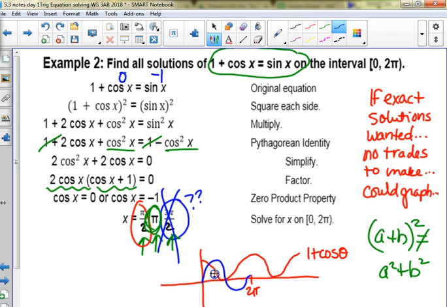Because the other thing is what I did, guys, what I did was I thought about this left-hand side as a cosine graph shifted up 1. Is that true? 1 plus cosine. So I graphed that in red. I just shifted the cosine up 1. It would actually be higher than that.